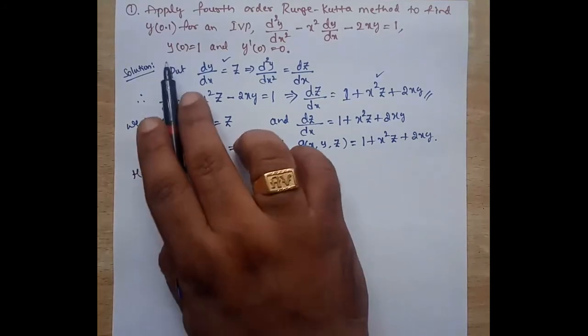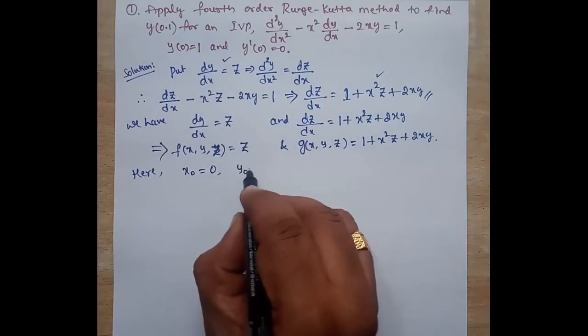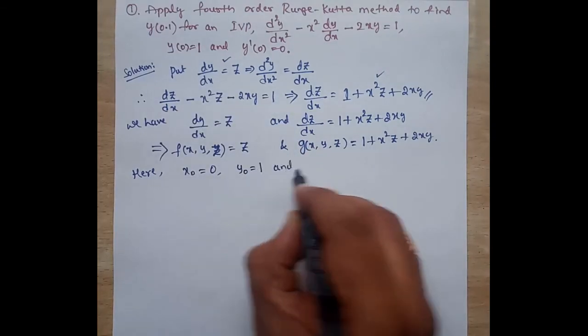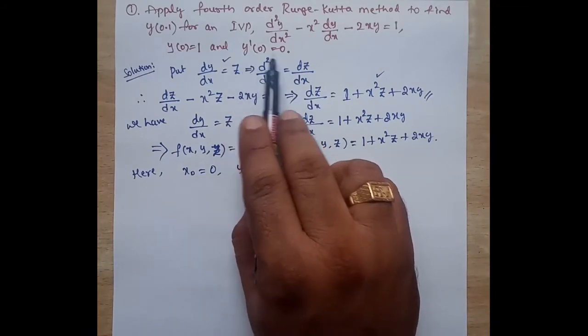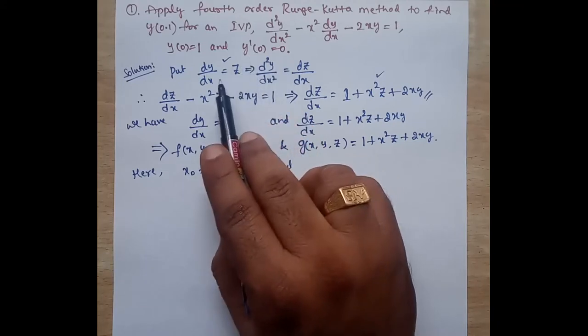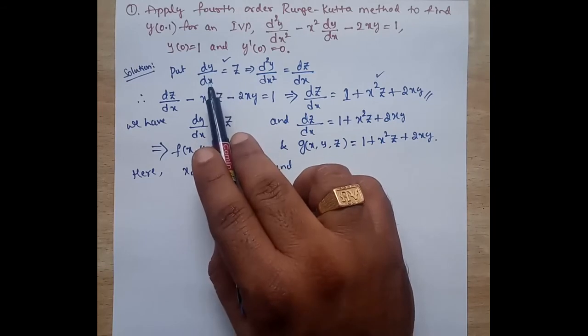Now y naught, what is the y value? 1. Y naught is 1, and this is the value of what? Y dash, I mean y naught dash. But you know, in this method we have taken y dash as z. Y dash means what? dy by dx. So we have taken dy by dx is equal to z.